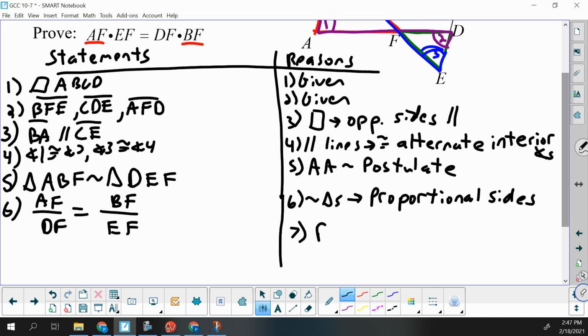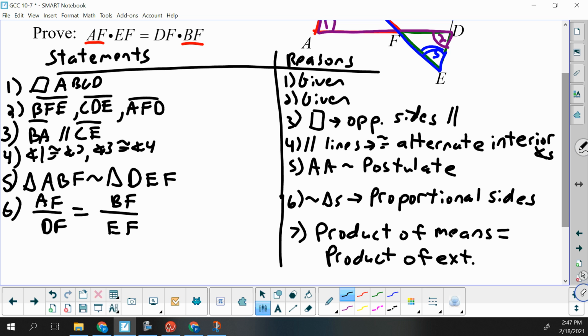And to finish off, we have product of means equals product of extremes. And our statement is just what we wanted to prove.